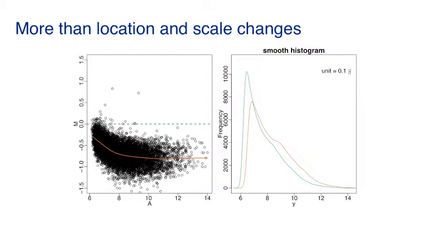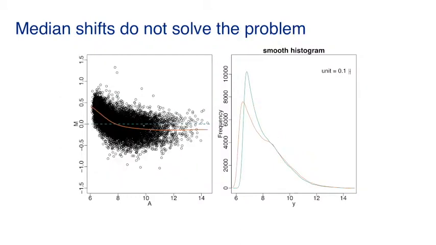That's this to this. But there's another thing that happens. The shift is not as big for the low expressed genes. So if I were to do the naive thing of just making the medians the same, this is what I would end up with. Okay, I fixed that.